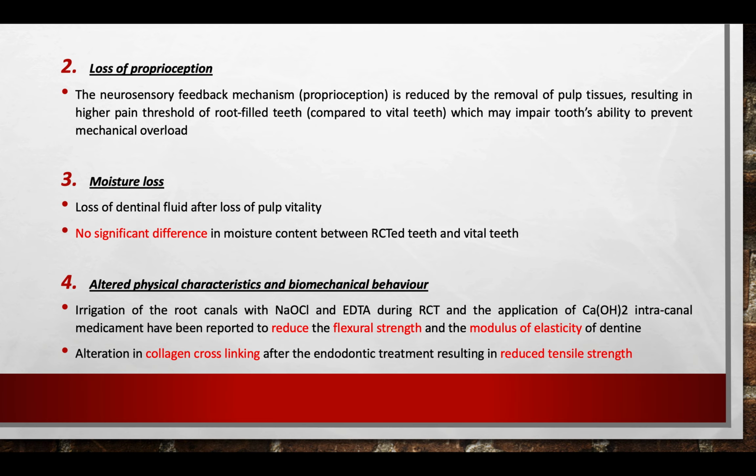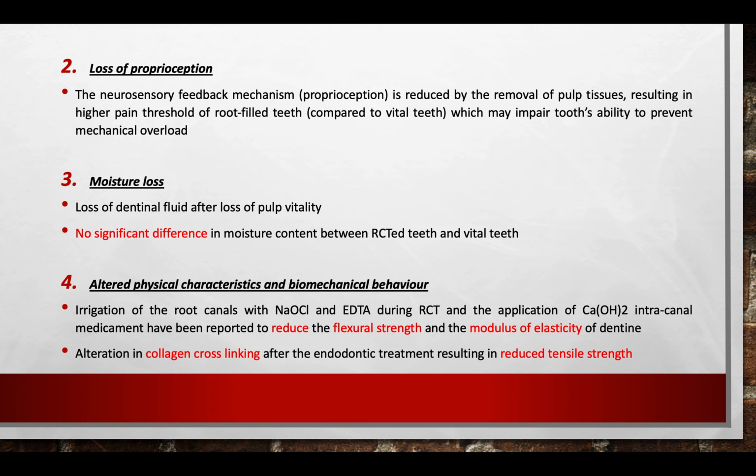Another factor is the altered physical characteristics and the biomechanical behavior of the tooth. As a result of using different chemicals during endodontic treatment, we use sodium hypochlorite and EDTA, and we use calcium hydroxide as an intracanal medicament. These chemicals will all affect the flexural strength and the modulus of elasticity of dentine.